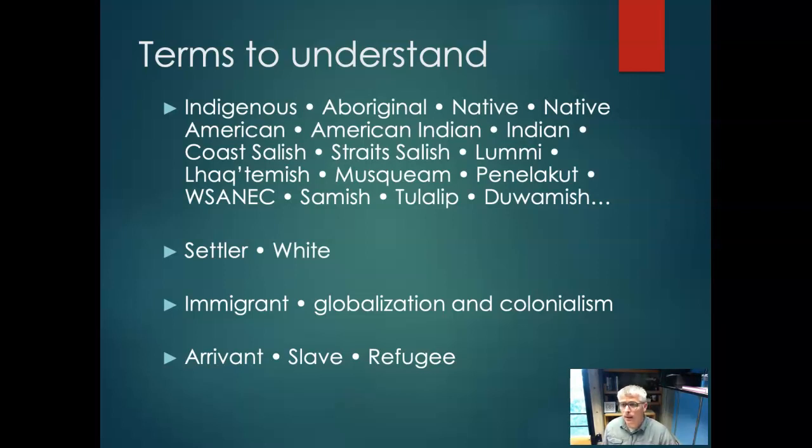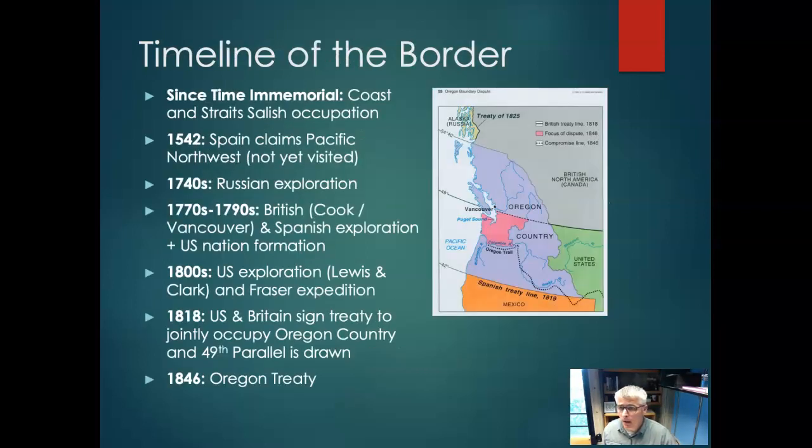Think about indigenous populations, settler populations, immigrants, and arrivants. Those are useful terms to understand to help frame our conversations. And we're going to walk through the timeline of the U.S.-Canadian border.